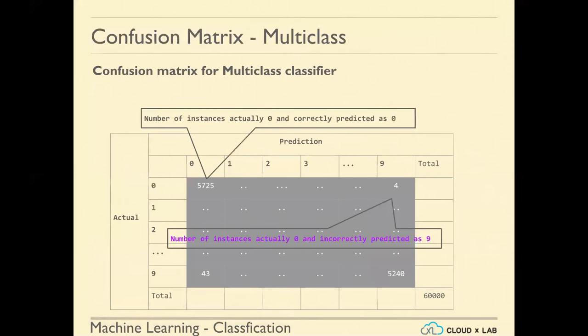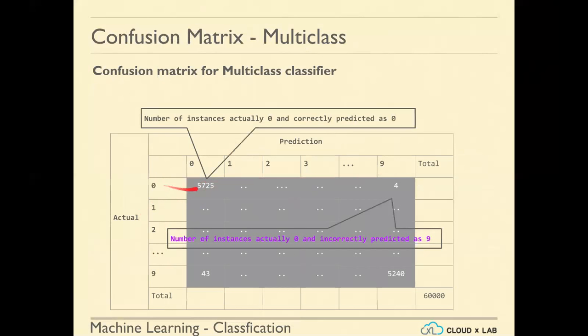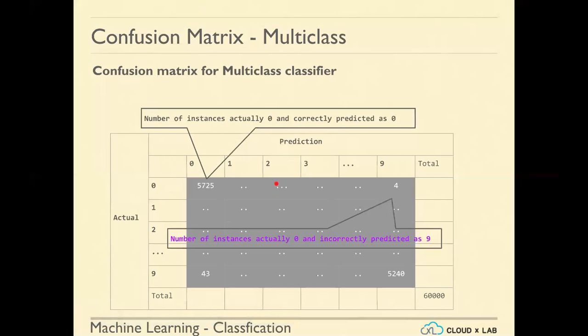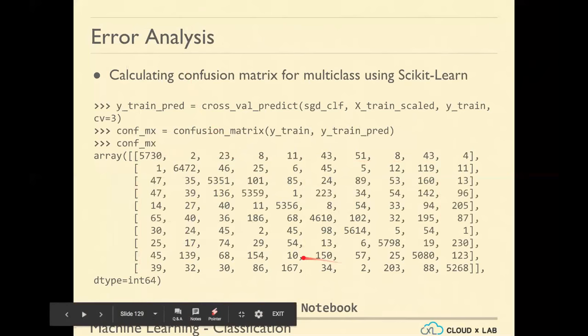Now, when we draw the confusion matrix here, in our case there are going to be 10 rows and 10 columns, where 0 is predicted as 0 and so on. This is the confusion matrix in the case of multi-class. We can do the same thing by calling confusion matrix, and it will produce a matrix with 100 elements showing these numbers.